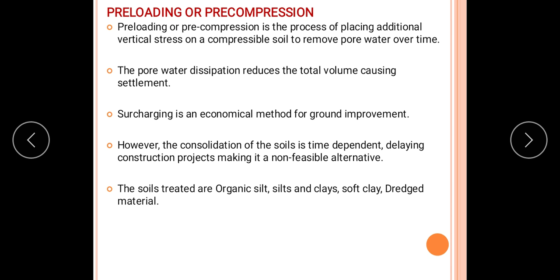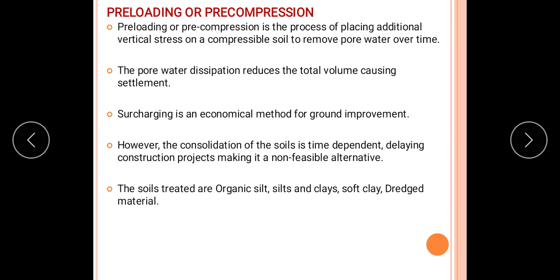When you apply the vertical stress, the pore water pressure is going to increase, so that the water can be removed from the compressible soil layer. The pore water dissipation reduces the total volume, causing settlement. As the volume decreases, the settlement of the soil layer takes place.